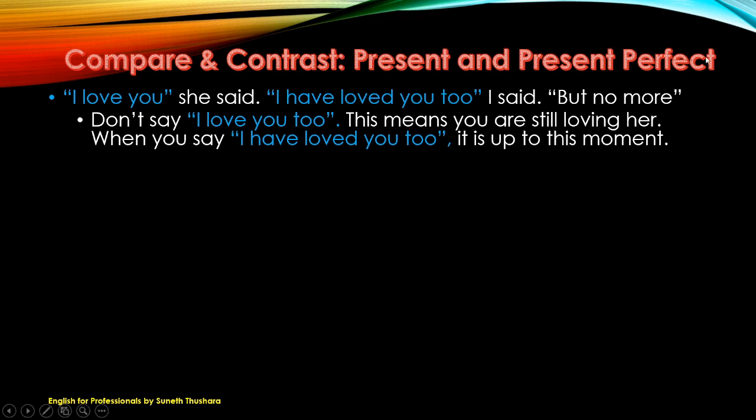Then he says, "But no more." So you don't want to say "I love you too," because this means you are still loving her. Now this is a breakup, an unfortunate breakup.